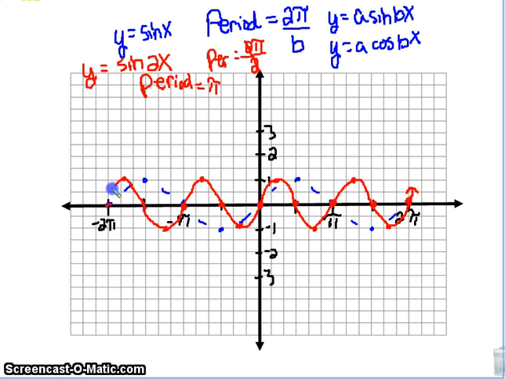I don't know how to be any more direct. If you don't know the main divisions and the main shape of your sine and cosine, then you can't figure out how to stretch it or shrink it. It's not going to happen. Let's go to the next one.